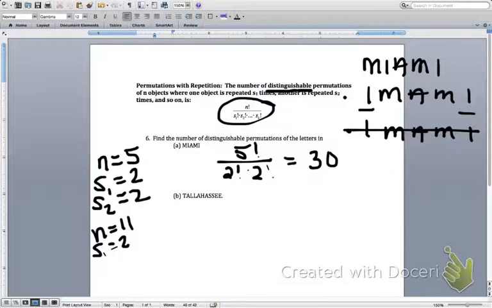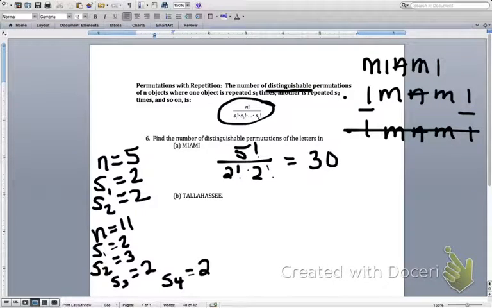There are 2 L's repeated. I'll also have a second one, which could be the A's. There are 3 A's. I also have another. S sub 3 can stand for the S's, which there are 2 S's. And I'll also have an S sub 4 in this case, which is the E's.